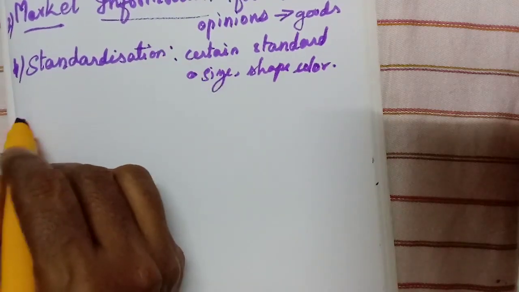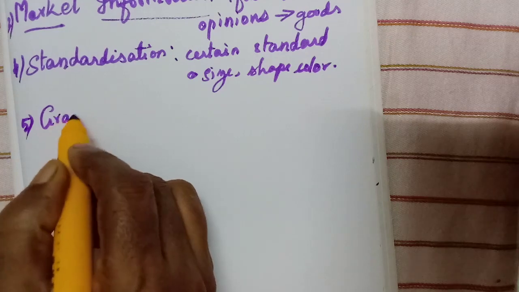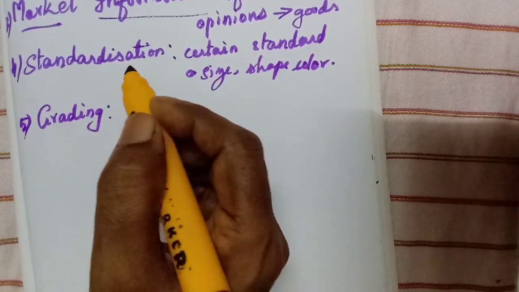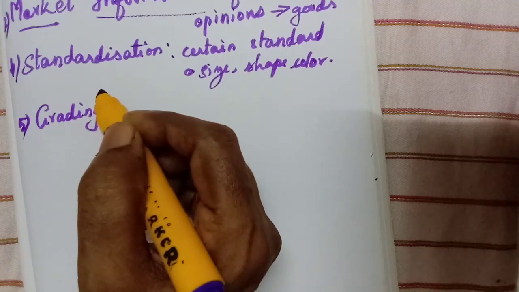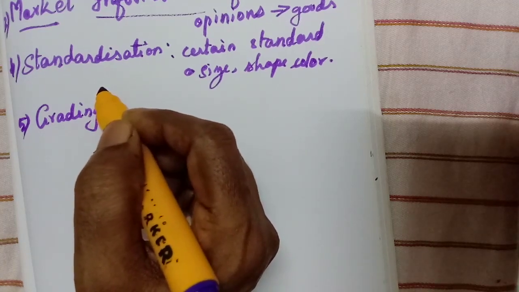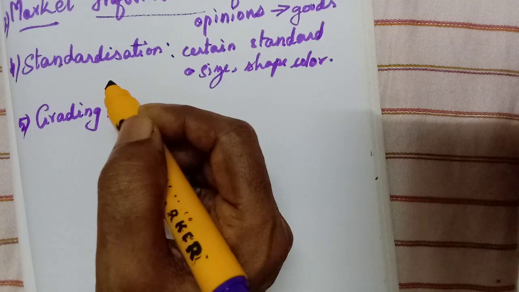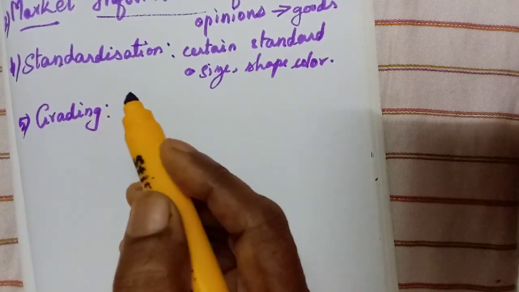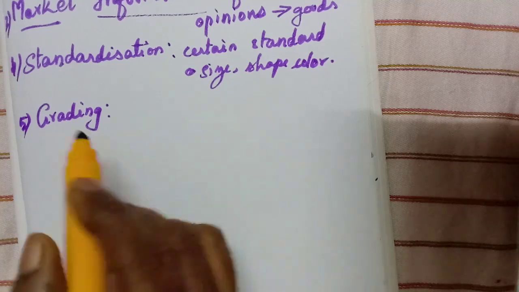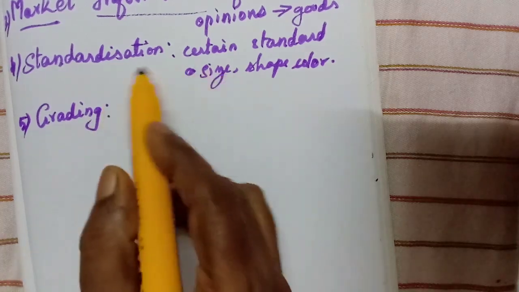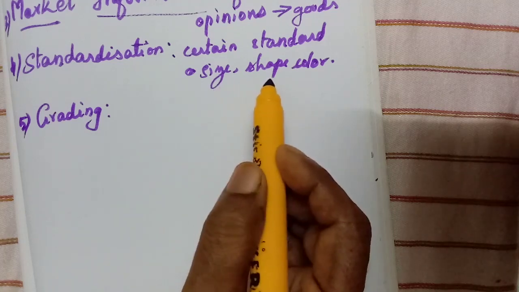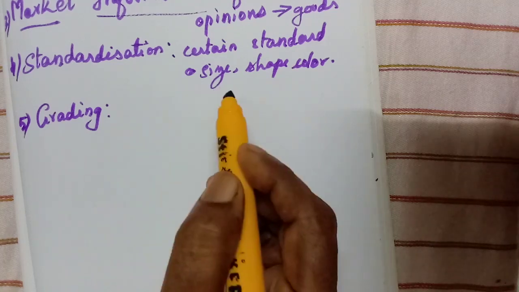Then grading must be done. Grading. The difference is only between standardization and grading. What is the meaning of grading? Here, grading means classification of standardized products. First they have to standardize their product as per the size, color and taste of the things.